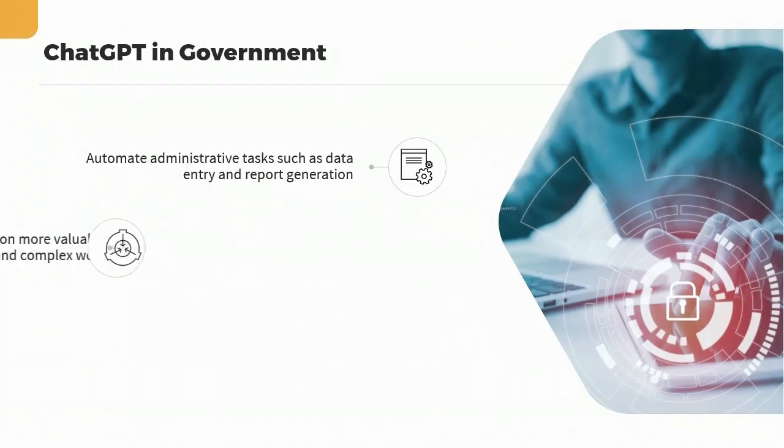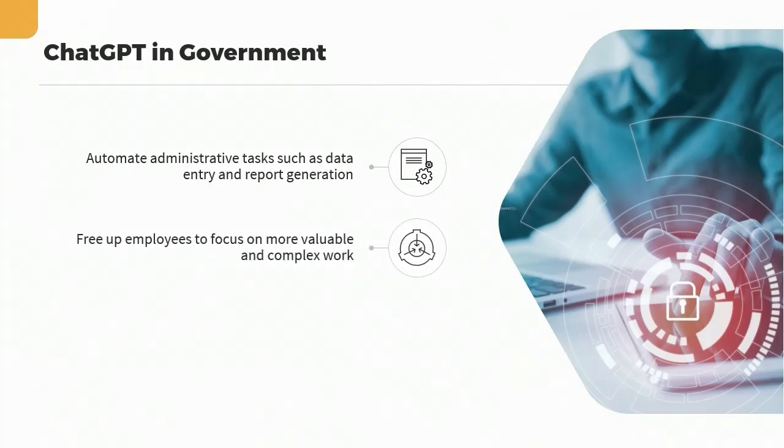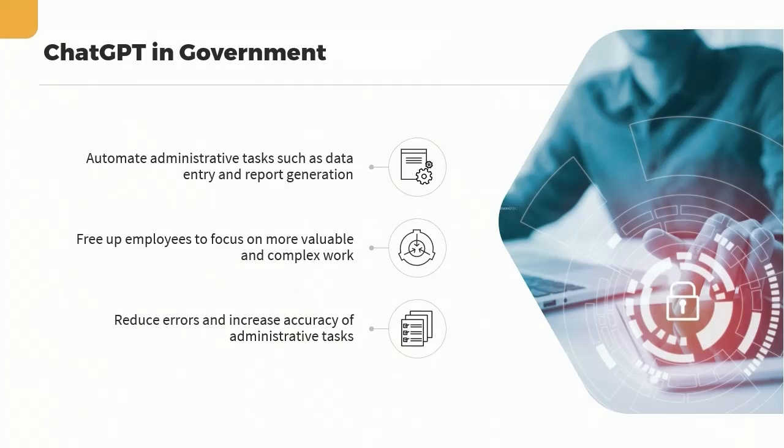As a result, government employees are freed up to focus on more valuable and complex work, such as analyzing data and making strategic decisions, leading to more efficient and effective government operations. ChatGPT can also help reduce errors and increase the accuracy of administrative tasks, resulting in smoother operations.